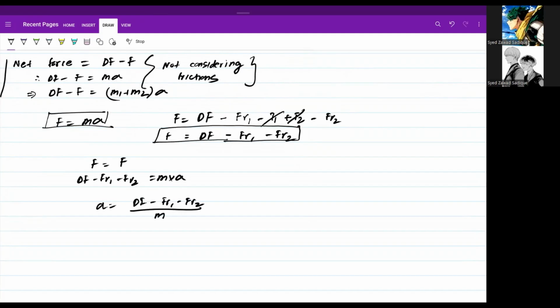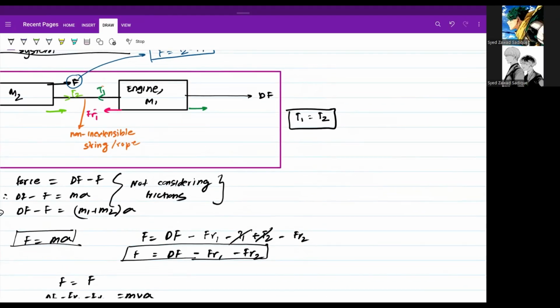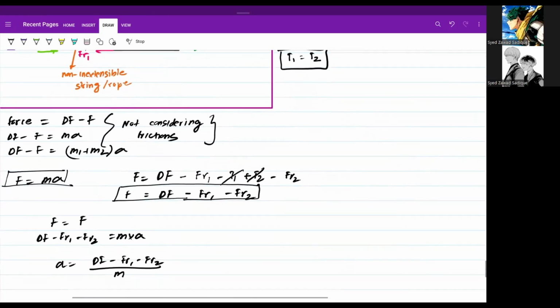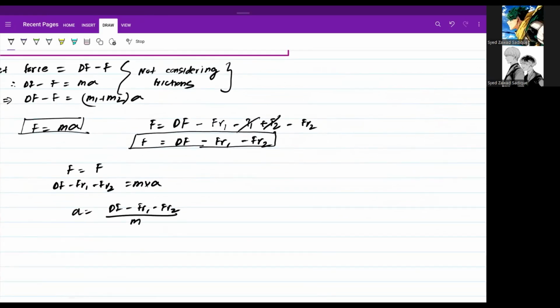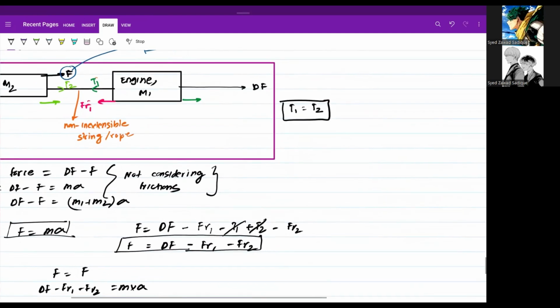There you go. Now you might ask, sir, how do we find the tension, because they cancel each other out? In connected particles, of course, they're going to tell you to find tension. Yes, they are. Once you know the combined acceleration, you can find it.